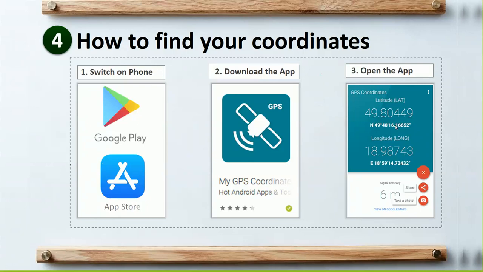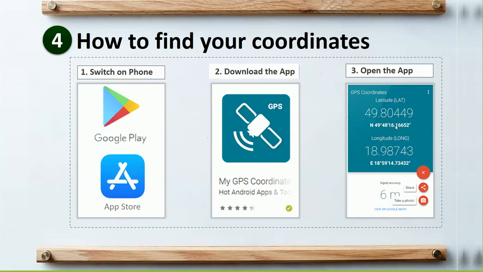All right, so have you all gotten your location? Your result will be similar to what you see on the screen, the format, not necessarily the values, but the format will be similar. That's where you are.